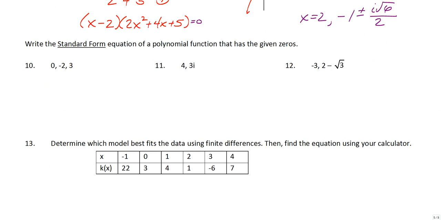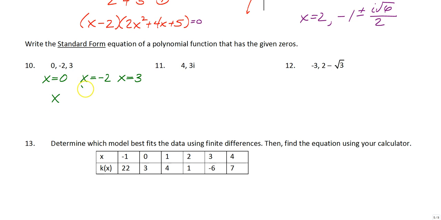Now, this one right here, I'm going to set up a couple of them for you, and I'm only going to go through the work for one of them. But this is where we're working backwards. So what you want to do is set all of our parts or solutions equal to x. But then remember, we are working our way back to 0. So we would set this guy already as x because he's already equal to 0.